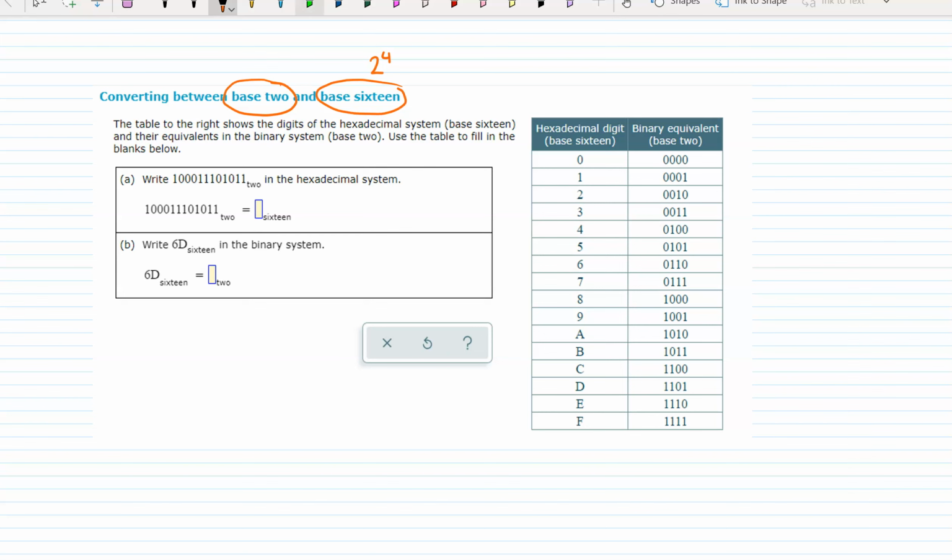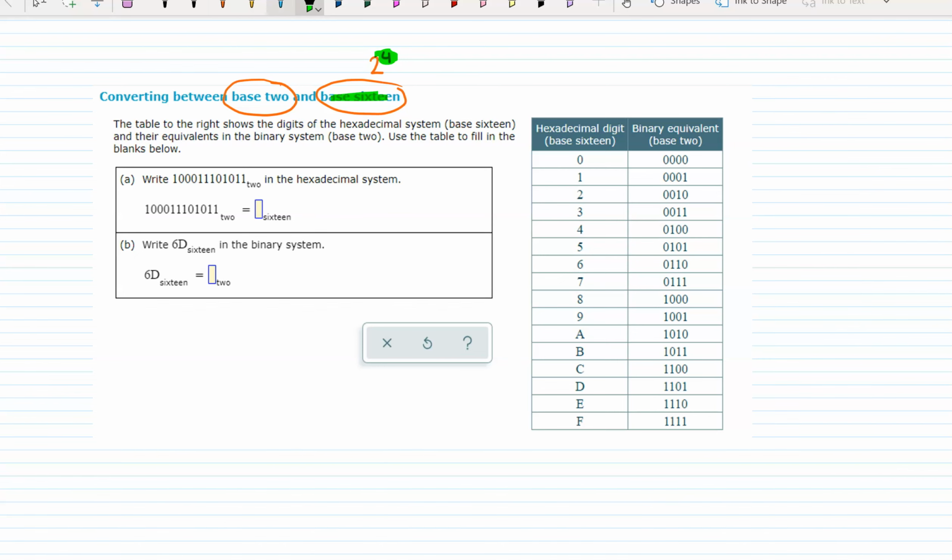the two. So since base 16 is 2 to the 4th, then that means we'll need 4 digits in the base 2 system will convert to 1 digit in the base 16.